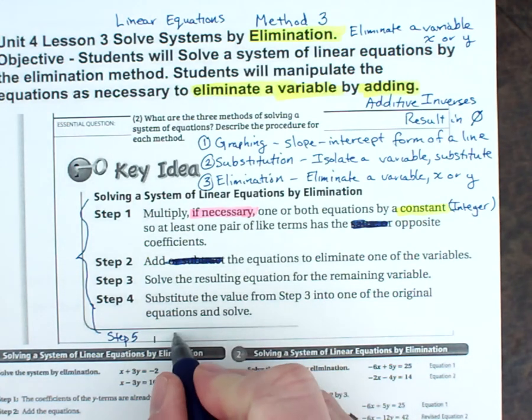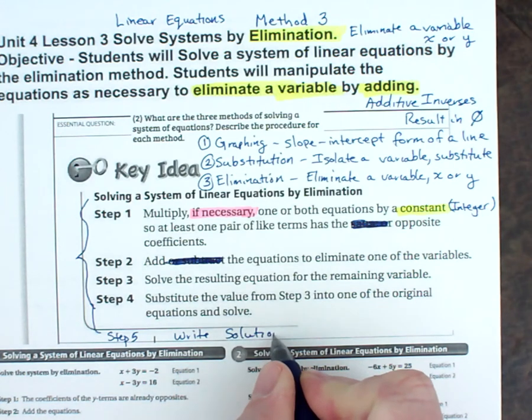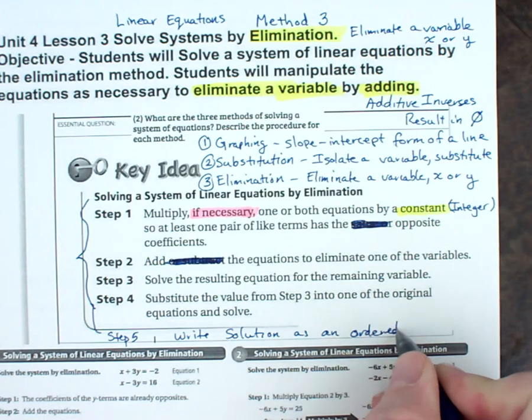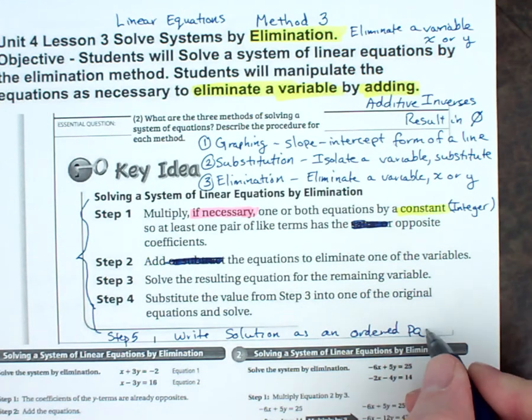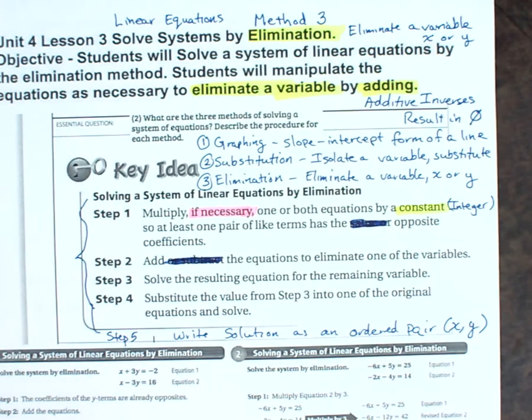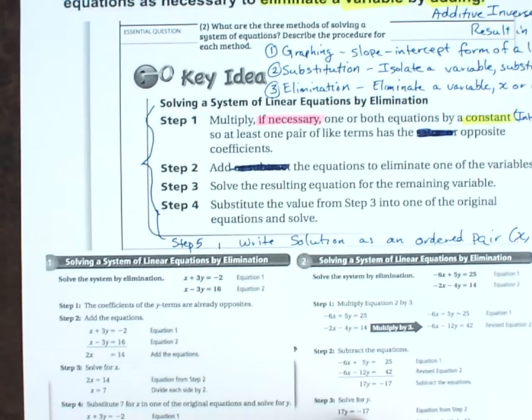Step 5 is to write your solution as an ordered pair, x, comma, y. You always finish with writing as an ordered pair. Anytime you need to capture this, go ahead and capture it as needed.